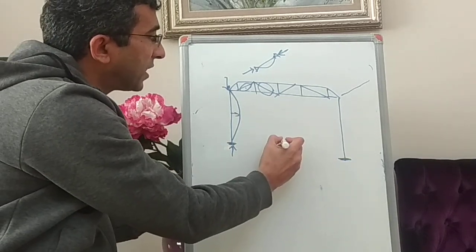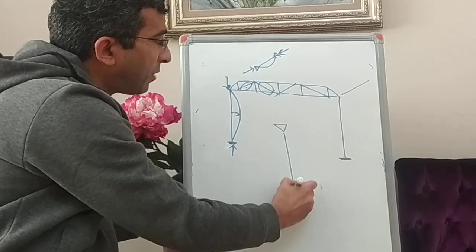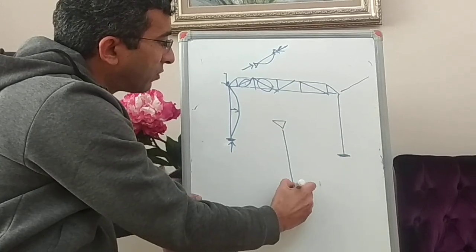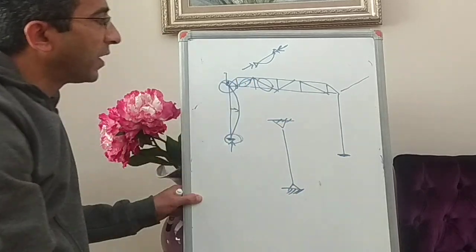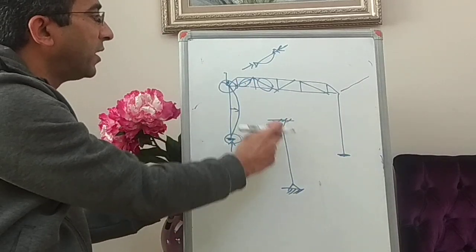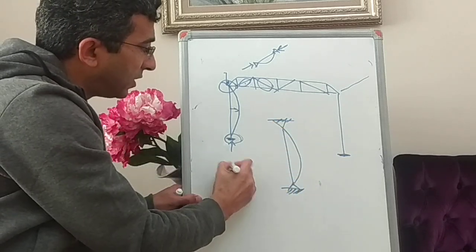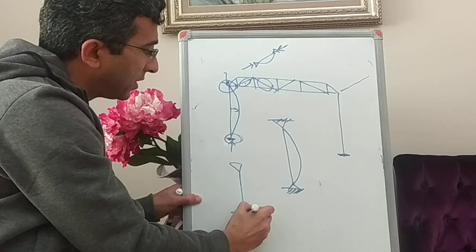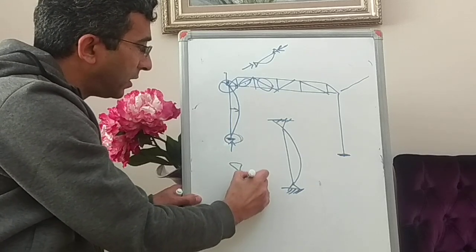I will speak about this in detail later. This is a boundary value problem. It depends on the connection details here and here. If it is just a pin connection, the buckling shape will be like that, and if it is a fixed connection, it is maybe like this.